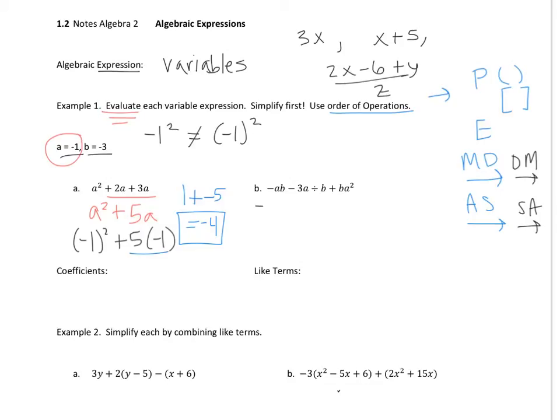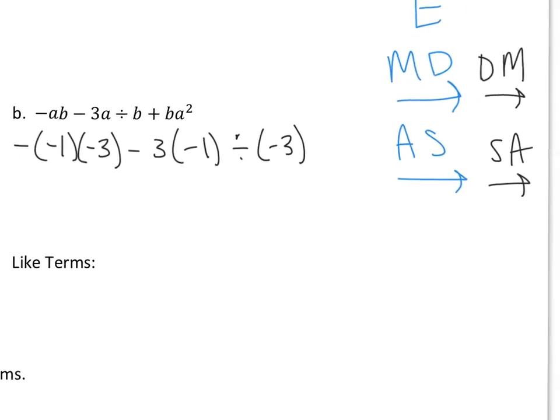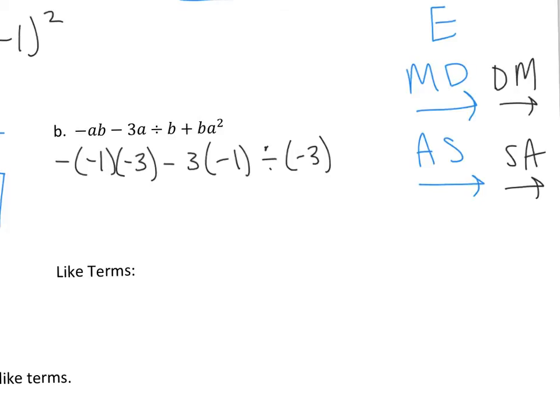So I have -1 minus 3 times -1 divided by -3 plus b, which is -3, times (-1) squared. Yuck. That's a lot to write down with those parentheses. I'm going to zoom in on this because this is going to be a long one. So it looks like a lot.